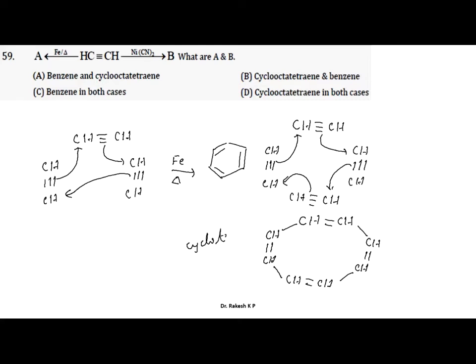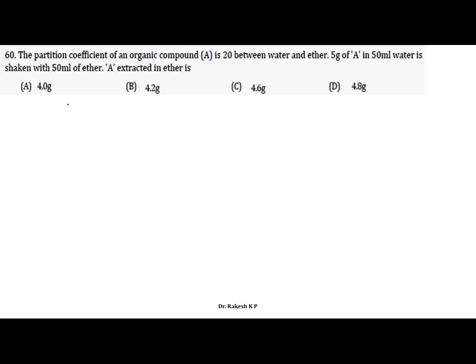Tetra, because we have 4 double bonds, and cycloocta because we have 8 carbons. Hence the option is A. Next question, the last question here.